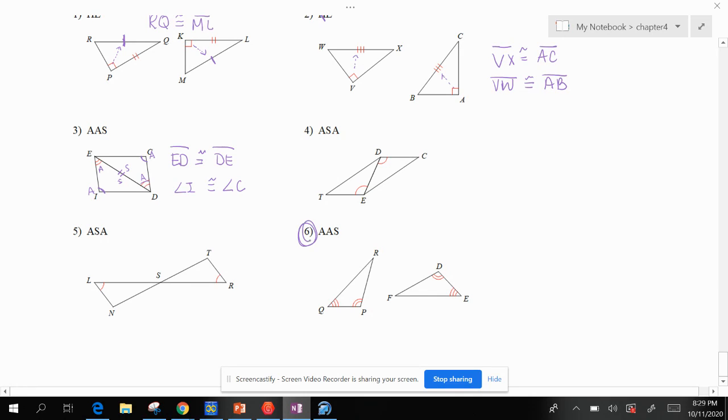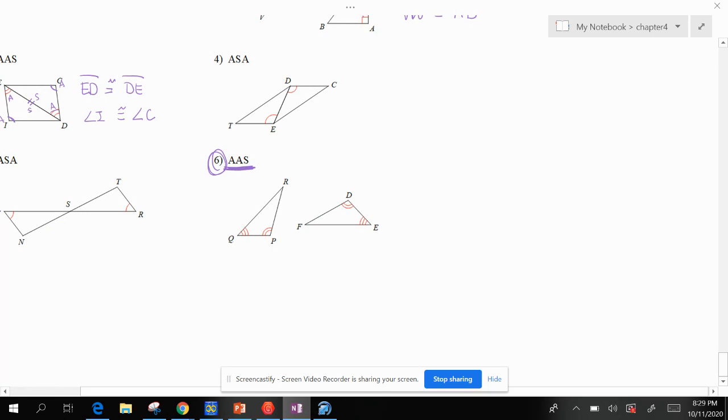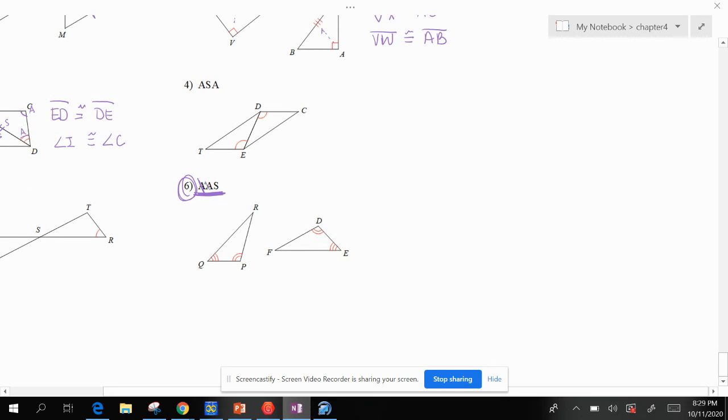All right, take a look at number 6 because it's another AAS. In number 6, what do I need in order to prove these two triangles congruent? Well, they already gave me an angle and an angle. They already marked those. The side is not in between those two angles. So if you said QP is congruent to DE, you would be incorrect, because that would prove ASA.